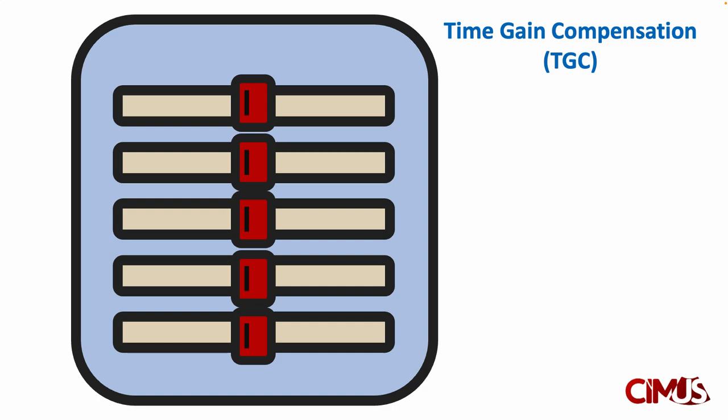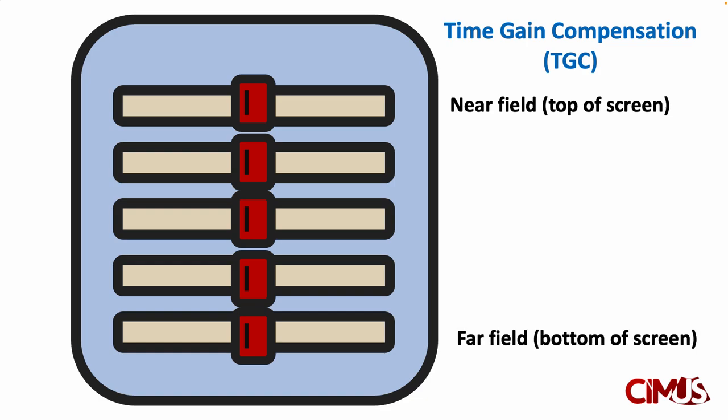Now, time gain compensation may be represented by slider buttons like that's illustrated here, or sometimes in some machines it might just be 2 knobs. Either case, what it refers to is that the top part of the sliders or the button controls the near field, which is at the top of the screen. The bottom buttons or the bottom sliders control the far field, which is at the bottom of the screen.